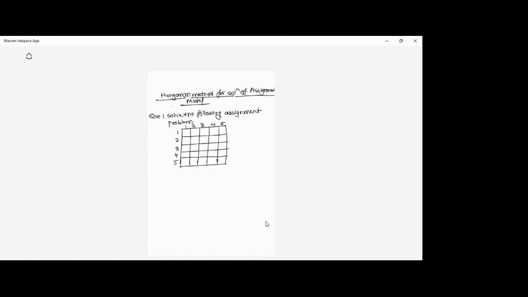There are five operators and we have five jobs. So we have to decide which job is to be given to which operator, depending upon the extra data that has been given to us, that is the effectiveness of each operator on each job.